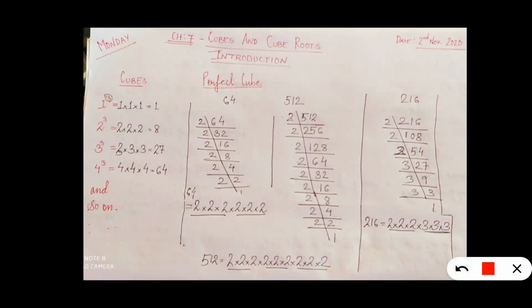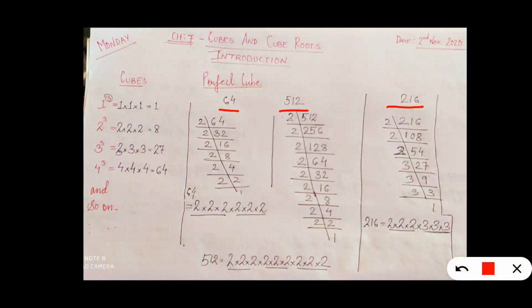Okay, let's come to the next topic, that is a perfect cube. How can we identify whether a number is a perfect cube or not? Suppose these three numbers are given, and the question is to find whether each is a perfect cube or not. Then you have to find the prime factors first by doing prime factorization.